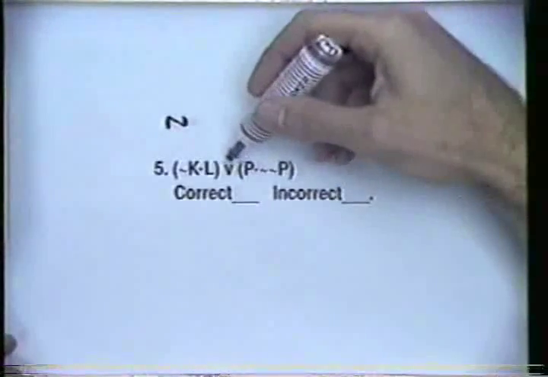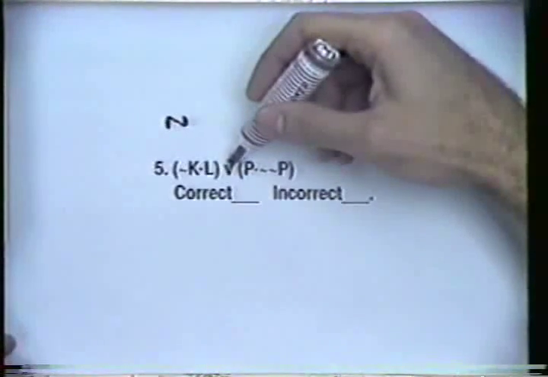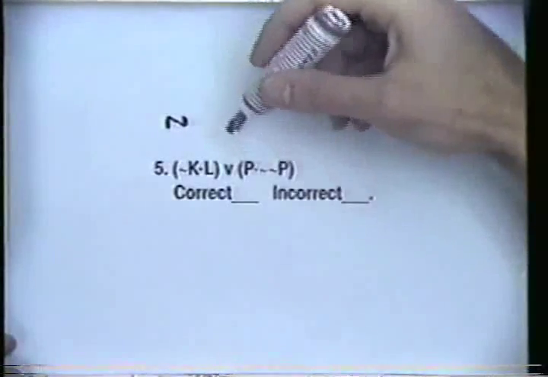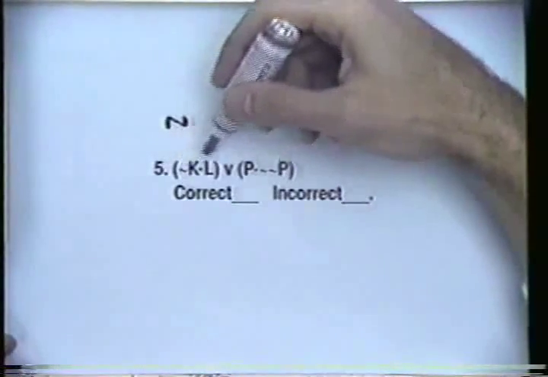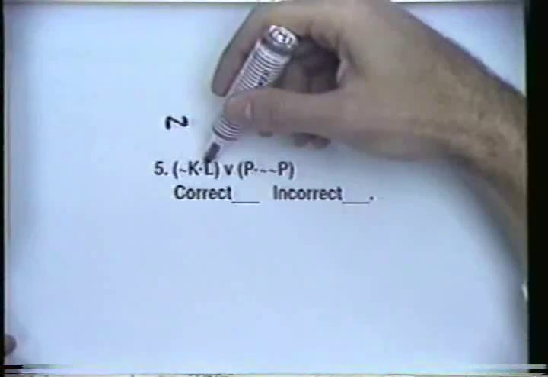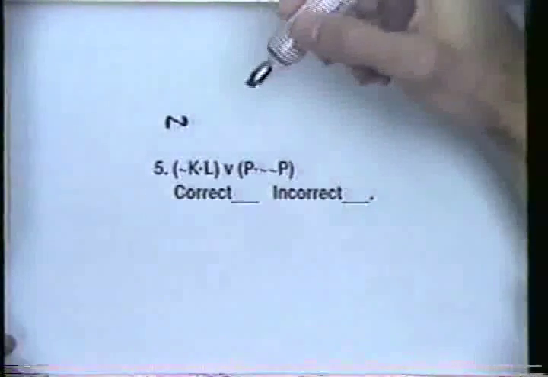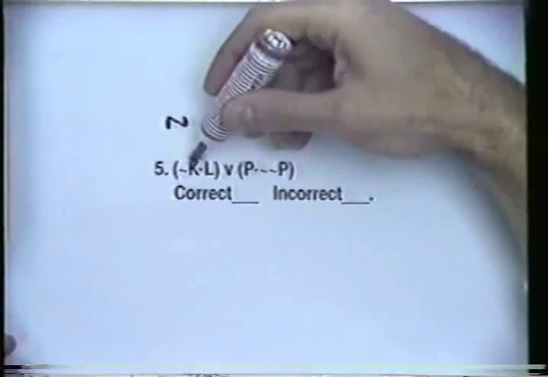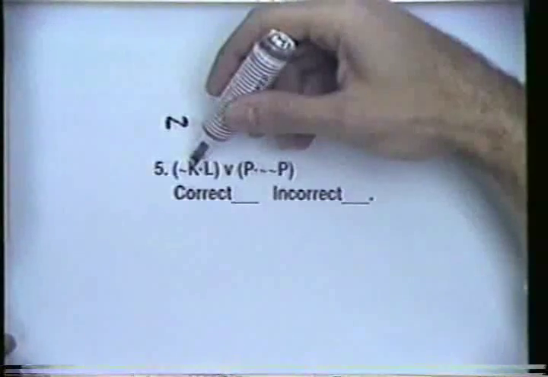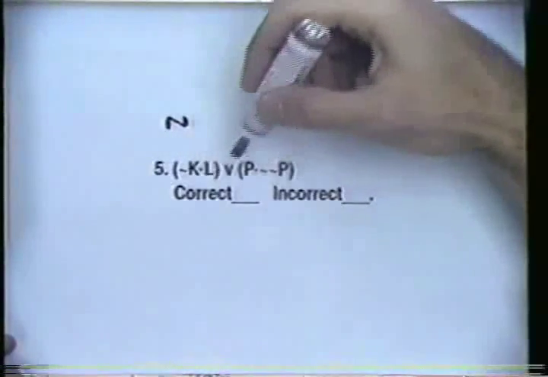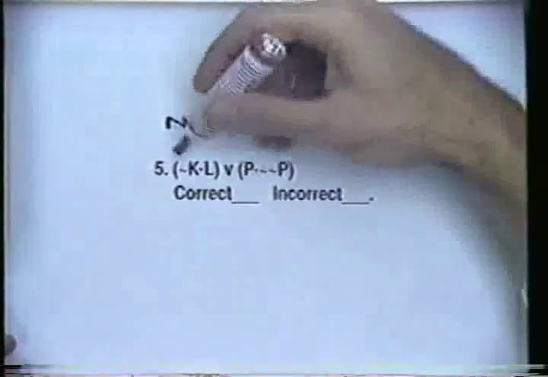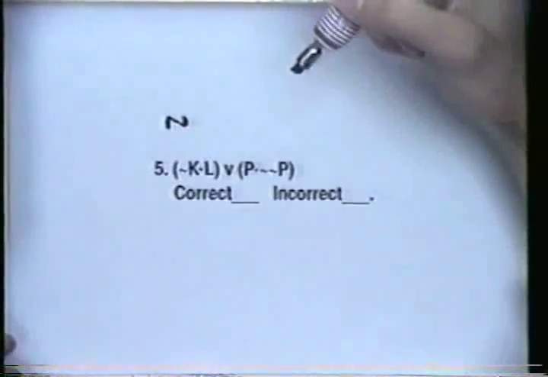Well, notice it's an either-or sentence, mainly. This is the main connective, the wedge. And we have a proper ordering of atomic letters brought together by an and, in this case. The first conjunct has been negated, that's fine. And that whole unit then is isolated from the rest of the sentence with this set of parentheses.